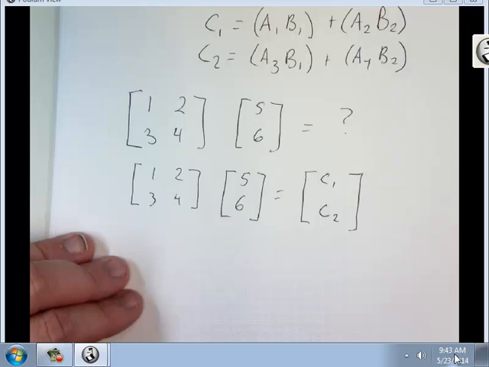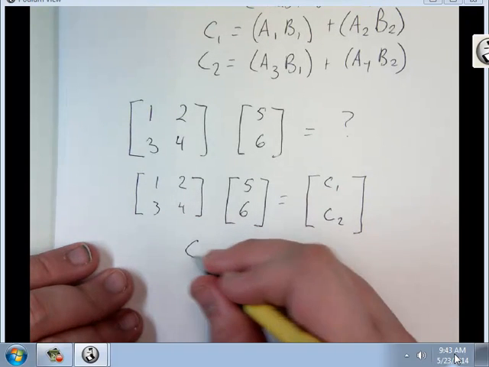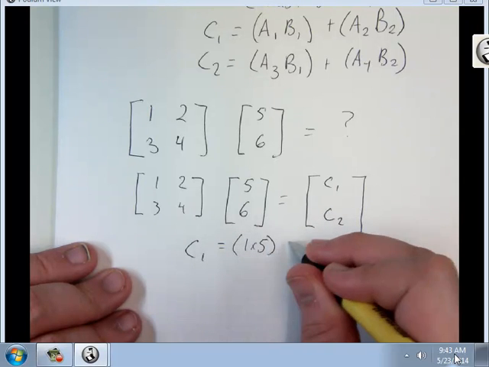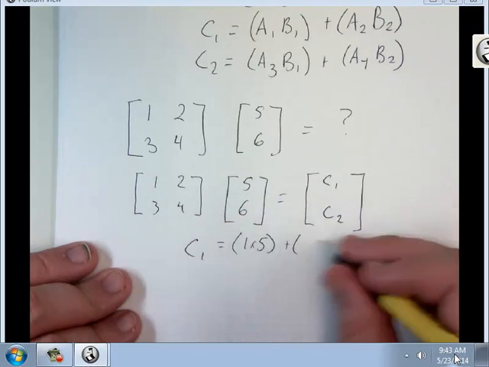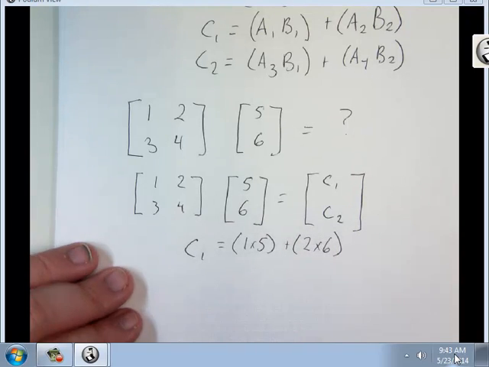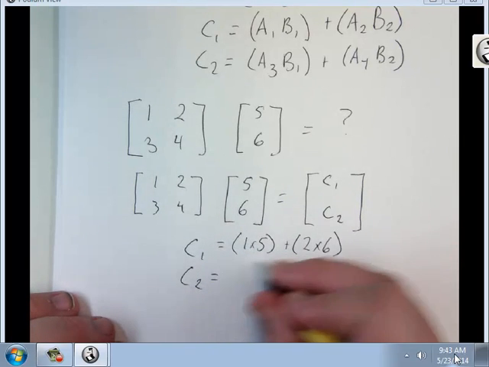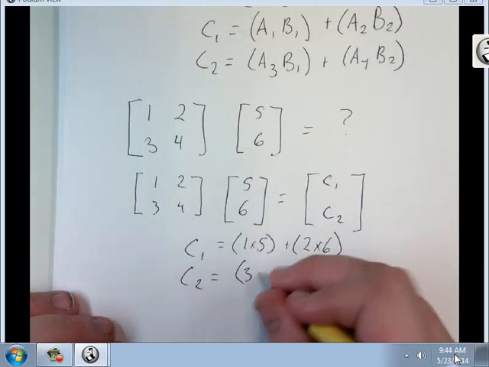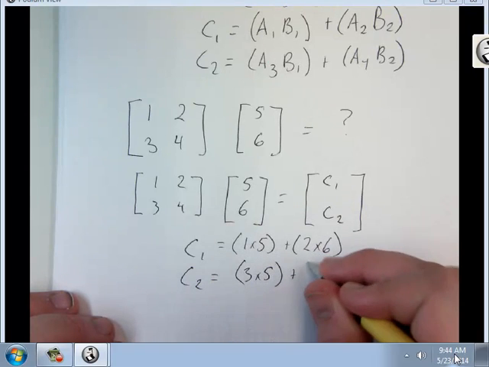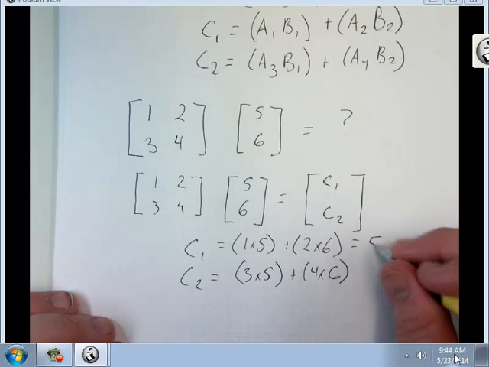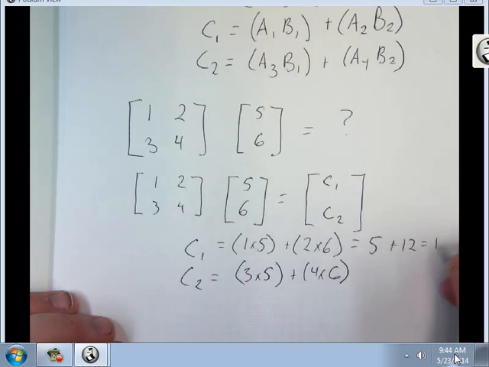So C1 equals 1 times 5 plus 2 times 6. And C2 equals 3 times 5 plus 4 times 6. So we get 5 plus 12, which equals 17. And we have 15 plus 24, which equals 39.